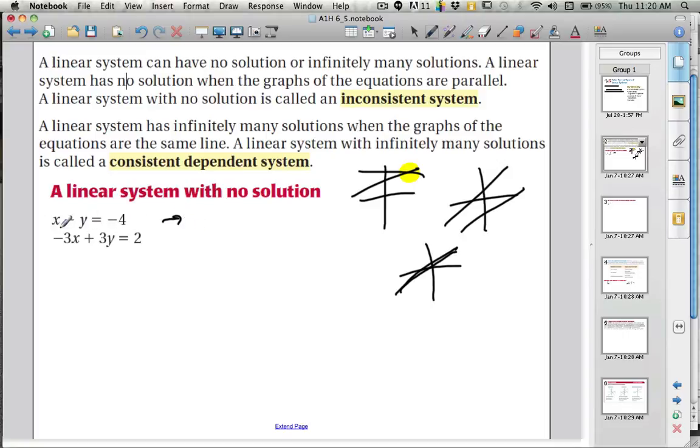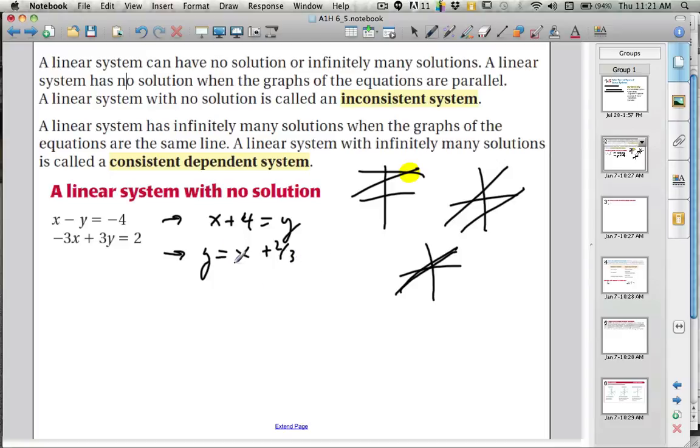By adding y and adding 4, I'll get x plus 4 is equal to y. So I have a slope of 1 and a y-intercept of 4. Over here I'm going to add 3x and divide by 3, and I'll get y is equal to x plus 2/3.